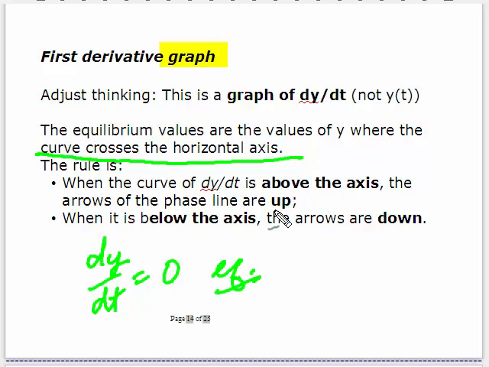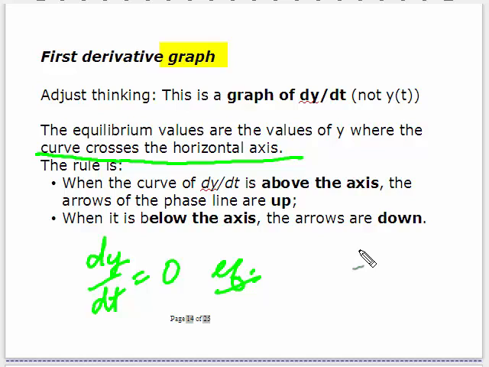If the curve is above the axis, then draw the phase arrows up. If the curve is below the axis, the arrows are drawn down on the phase line. Again, this is sort of confusing, because if you look at that curve approaching the equilibrium or moving away from it, then you get in trouble. So just follow these rules.